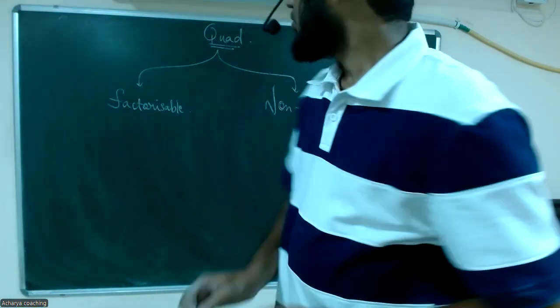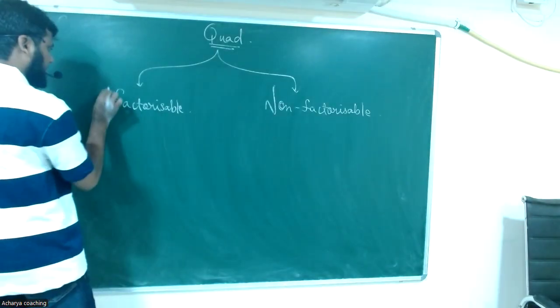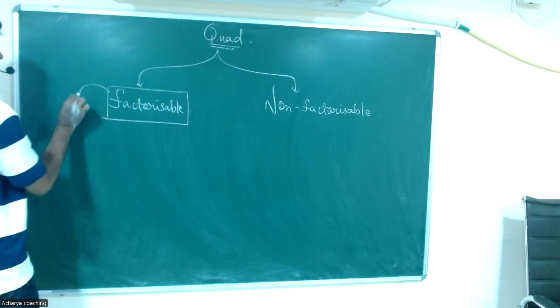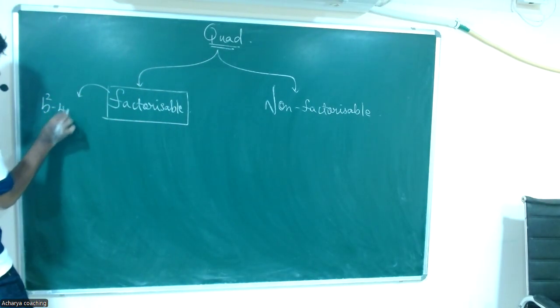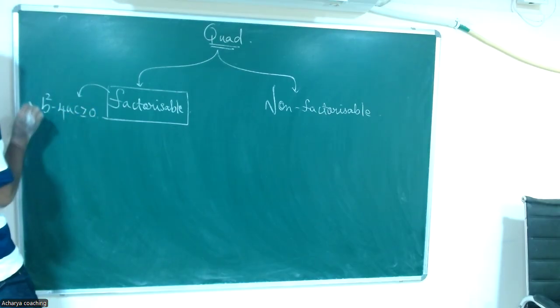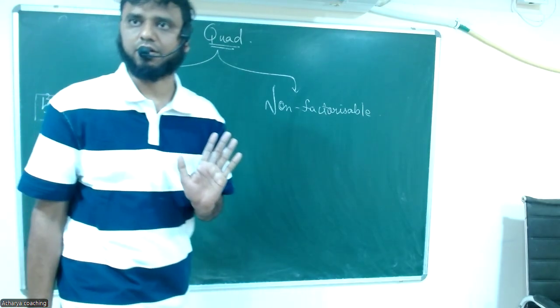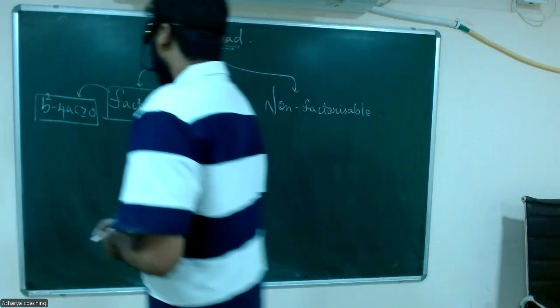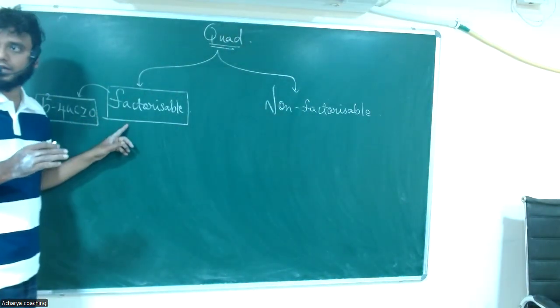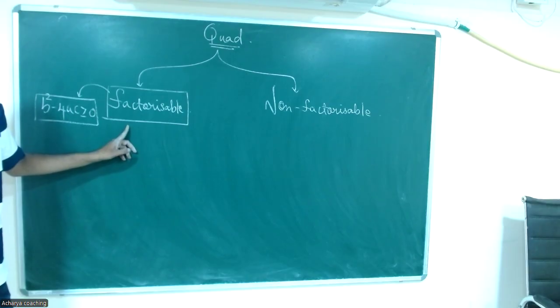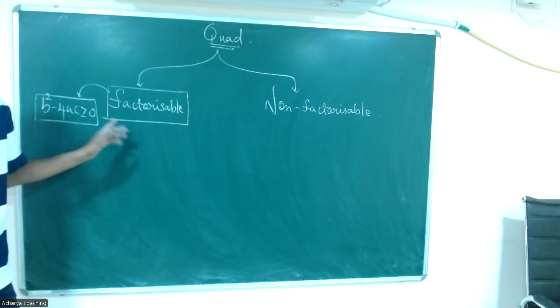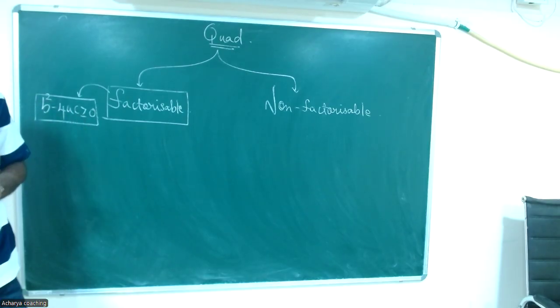So for example, when it is factorizable, if b square minus 4ac is greater than or equal to 0, in this case we can factorize that quadratic. Clear or not? You have written real and equal roots, real and distinct roots. In that case, we can factorize.